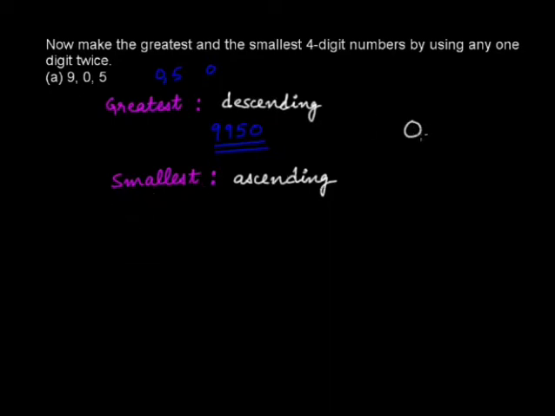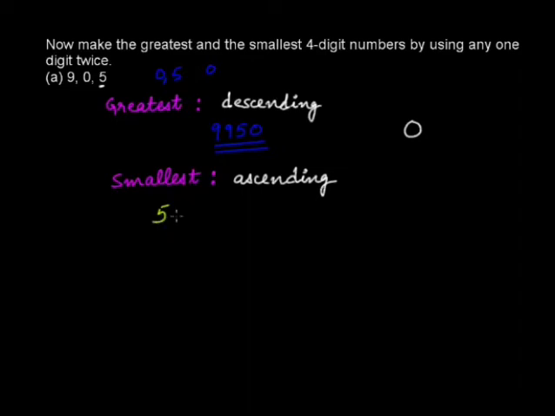So if I cannot add the 0 at the beginning, what's the next smallest number after 0? Of course 5. So I'll write 5 here.